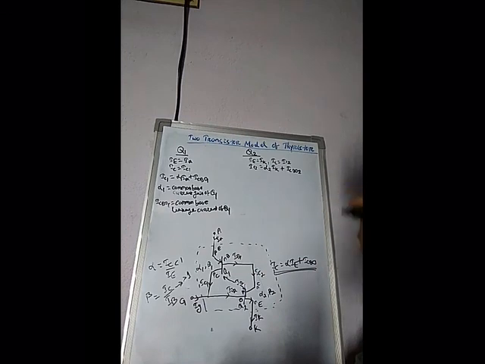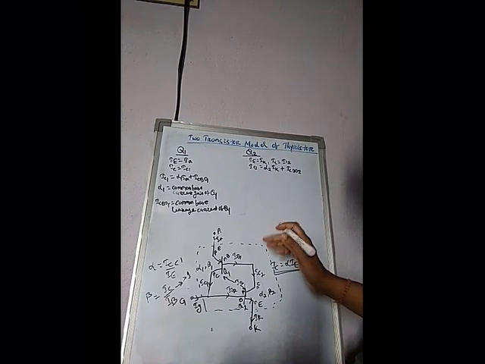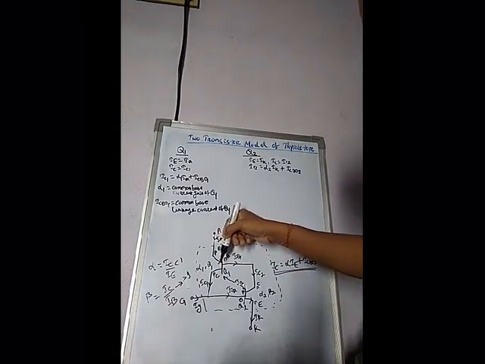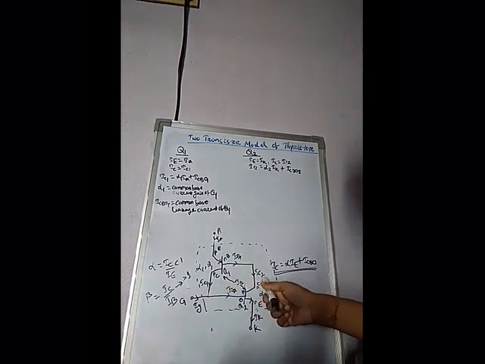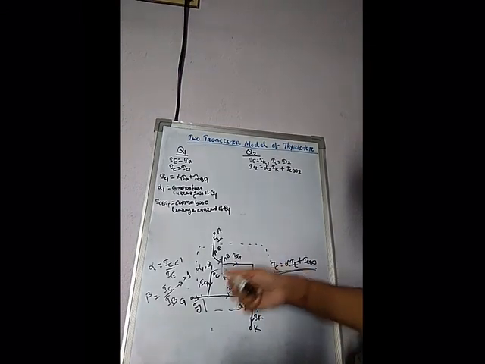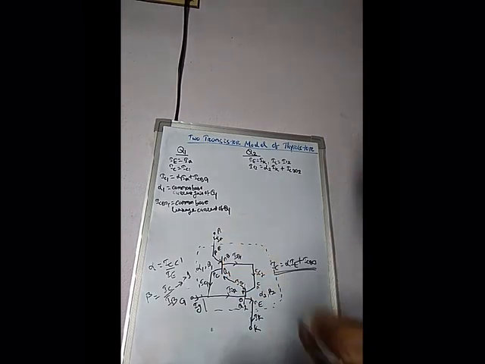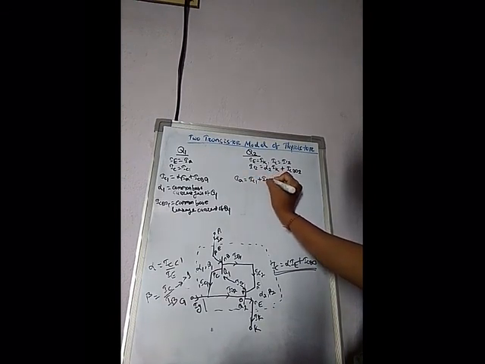So overall, the anode current is the sum of the two collector currents, IC1 and IC2. So the sum of collector currents is equal to the external circuit current IA at terminal A. Now IA is equal to IC1 plus IC2.